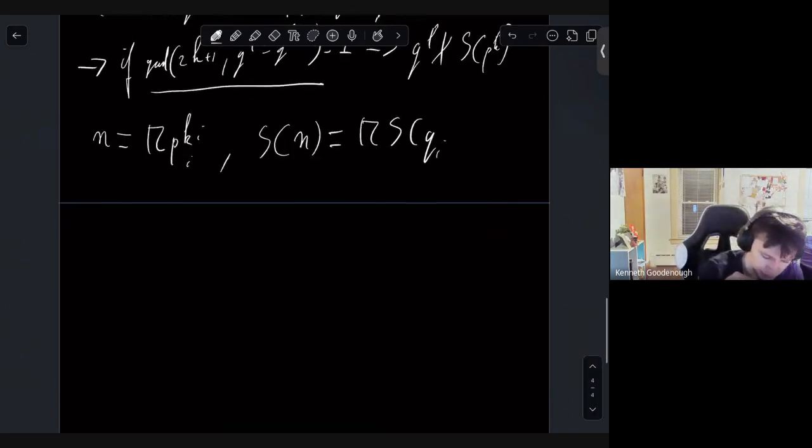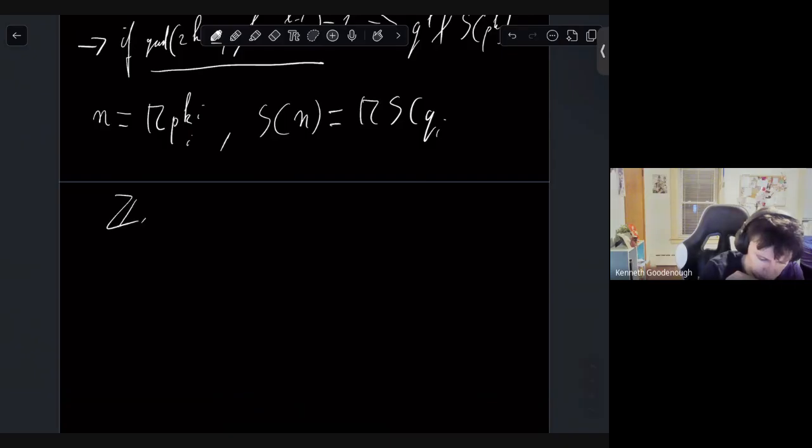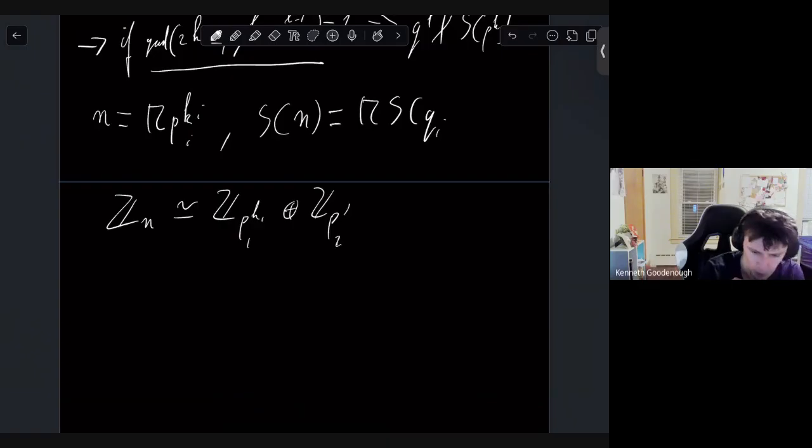Sorry, what I want to say is the following, right? We have some Zn, and then we know that this is isomorphic to a product of Z's, and let me try to use the same notation. I'm writing here a sum. Should be a sum. Let me double check this.